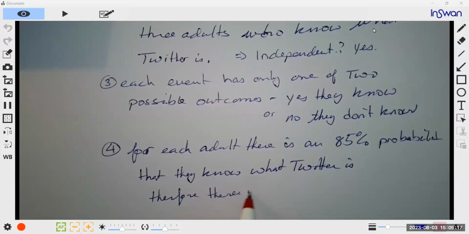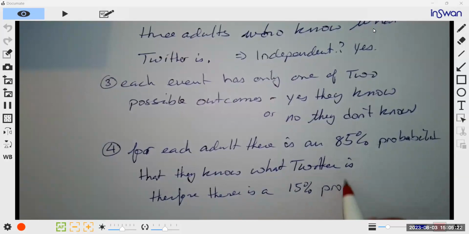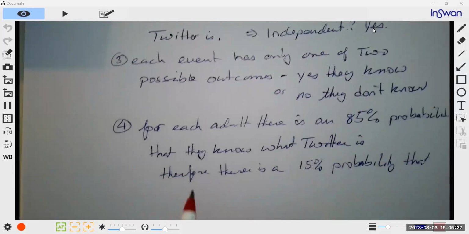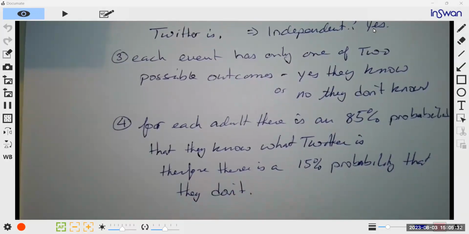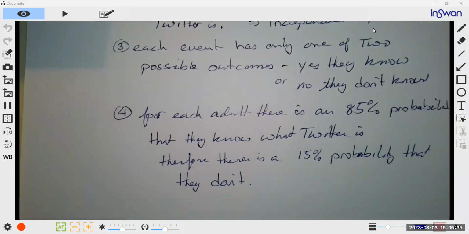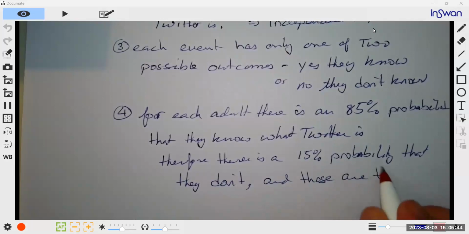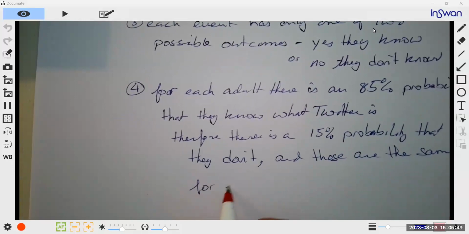Therefore, there is a 15% probability that they don't. And those are the same for each subject.